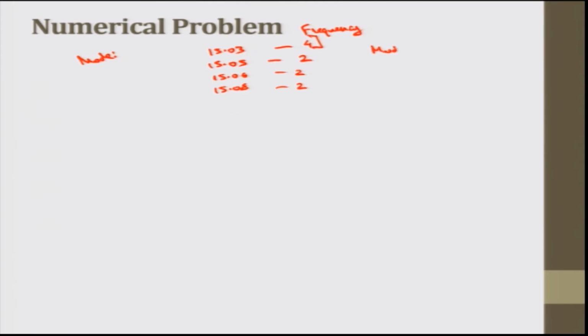So, therefore, mode is equal to 15.03. So, mode means the center point in the frequency. If I say this value is from 15.01 to 15.08, these values are varying like this, and this value 15.03 is repeating 3 number of times.